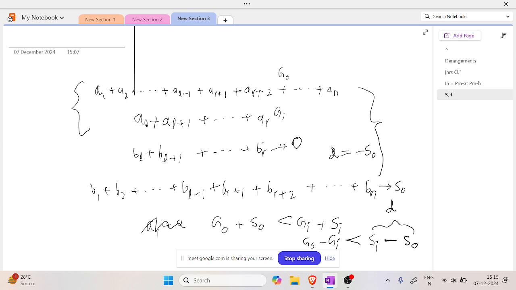Now basically Si plus So, and d is initially minus So, and now let's assume that k of the coins had a favorable outcome for us.